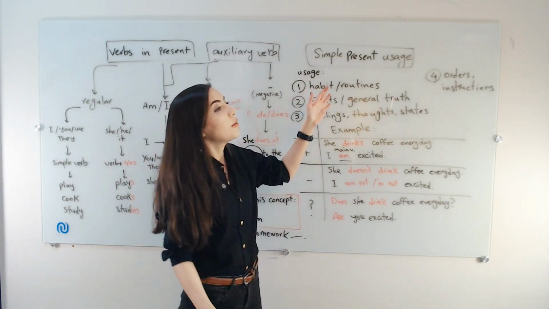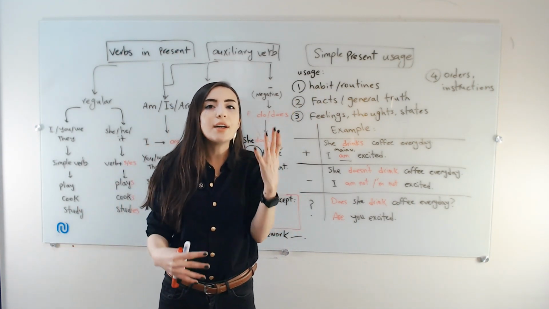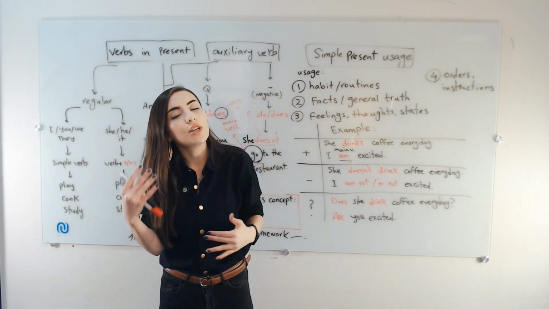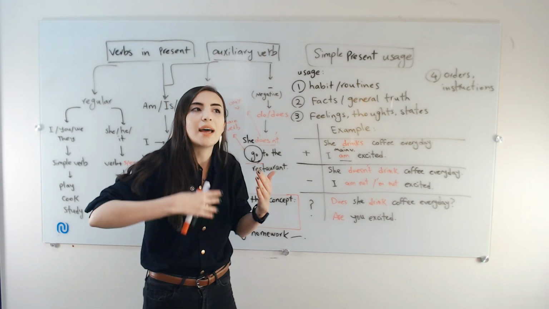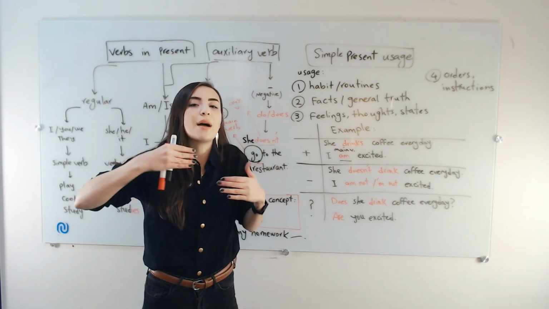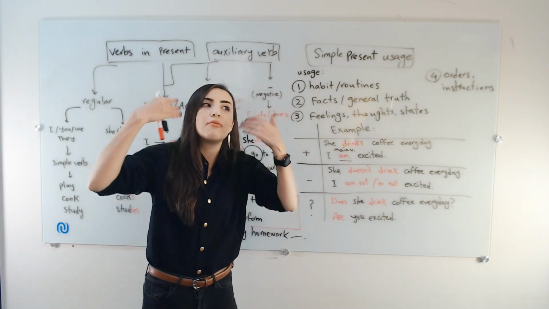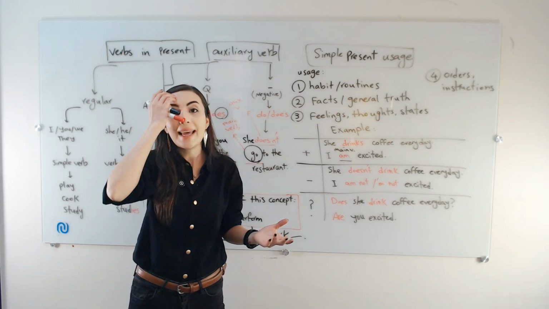So number 1 would be habits and routines. For example, whatever you do every day, whatever you do as a routine, whatever happens on a frequency, and you know it will happen, for example, every Saturday, every Sunday. So it's a habit.